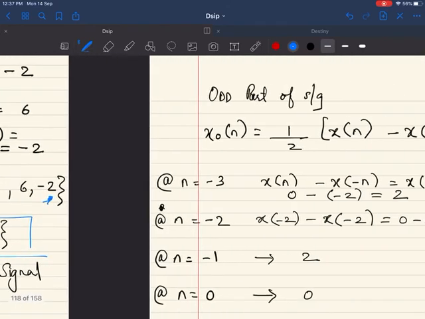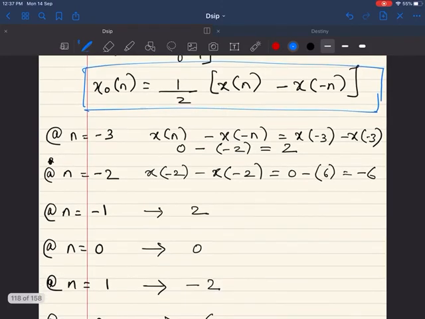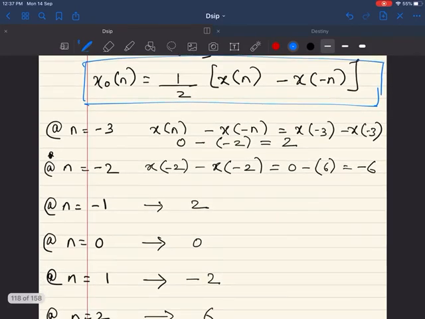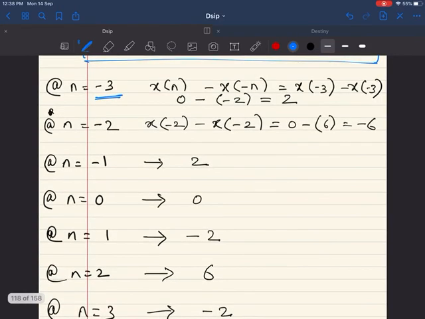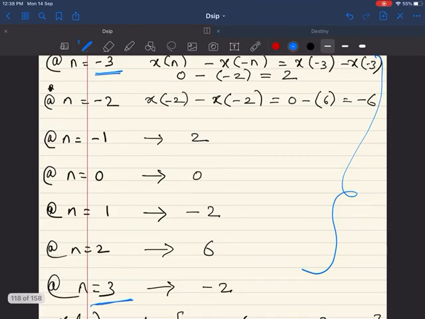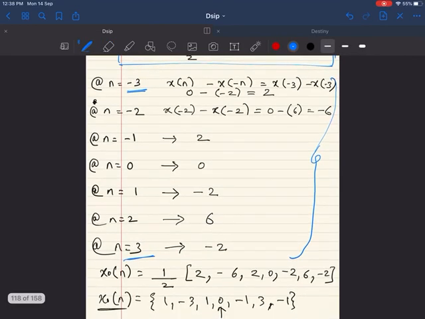Now just a different formula for odd part of the signal, but the same procedure. Okay. So it will range from n is equal to minus 3 to n is equal to 3, and this is the sequence that I get. I write this sequence as per the formula and I multiply it with 1 by 2.